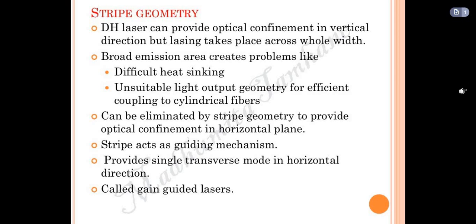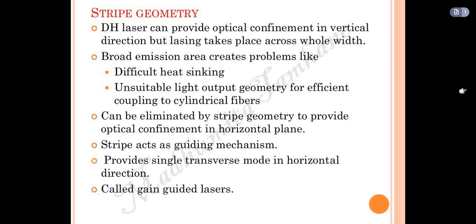The strip acts as a guiding mechanism for our lasers, like waveguides. You will learn about waveguides in more detail in microwave communication. The strip acts as a guiding mechanism and provides a single transverse mode in the horizontal direction as well. That is called a gain guided laser.